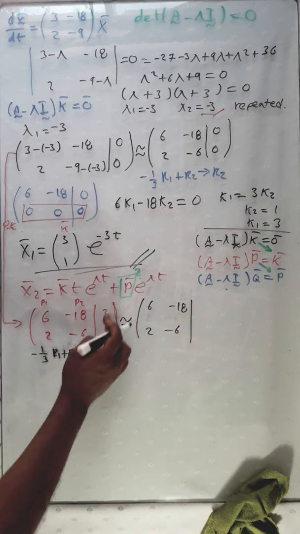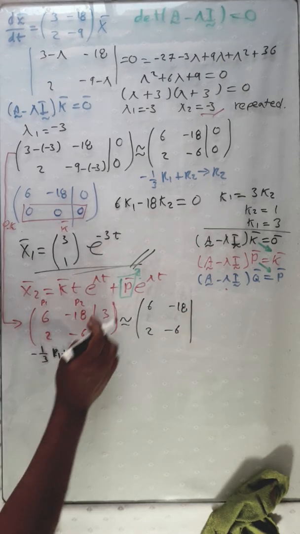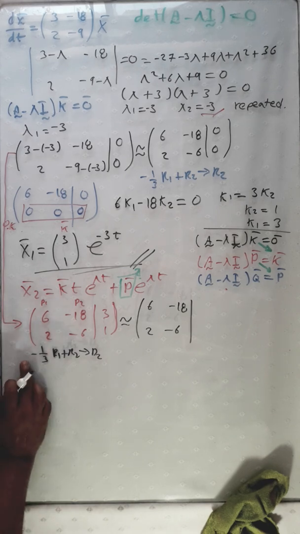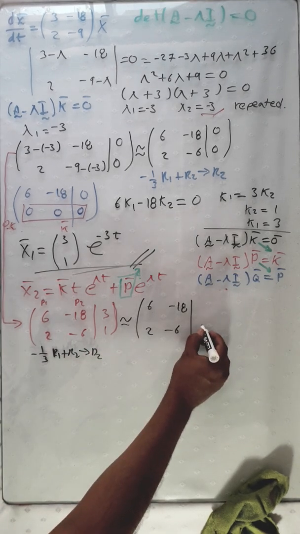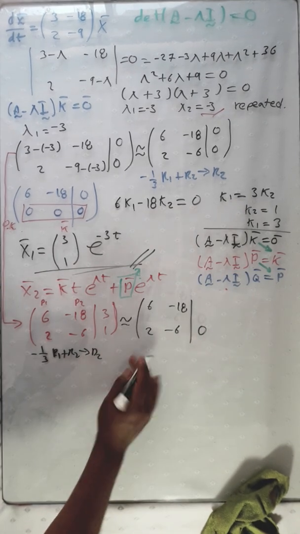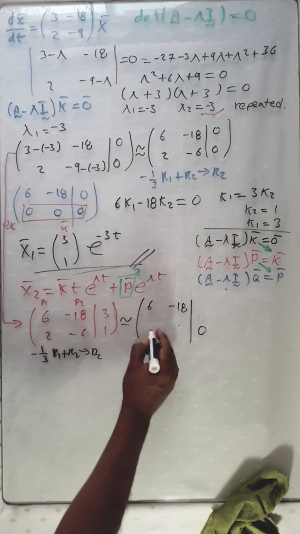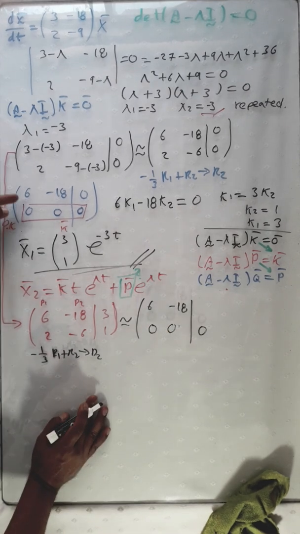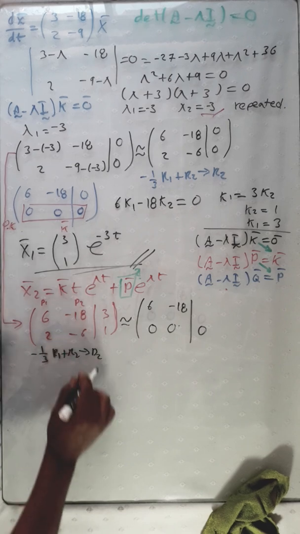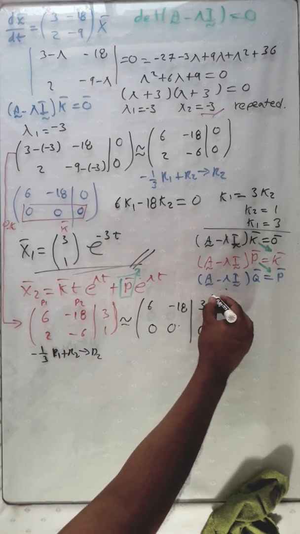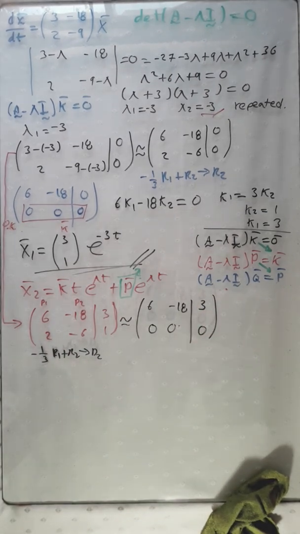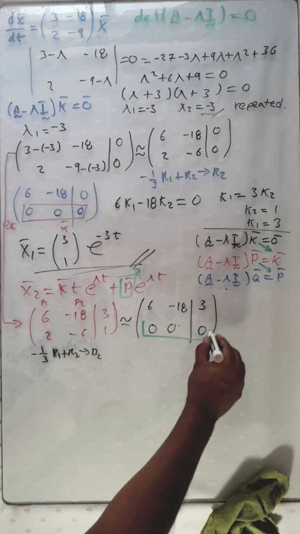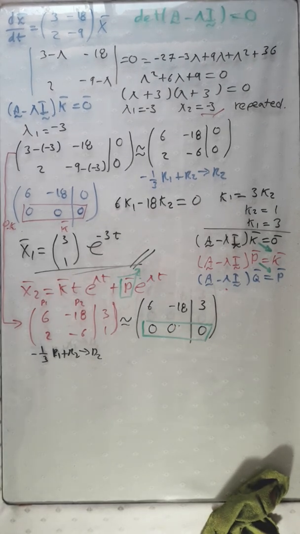What changes is here: minus 1/3 times 3 is minus 1, plus 1, 0. Here it is 0 and 0 because it's the same operation, and then 3 here. So again, this should happen. If it doesn't happen, then you did something wrong. But even with the p vector, it happens.